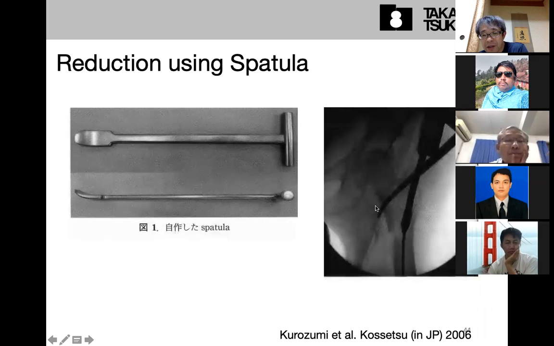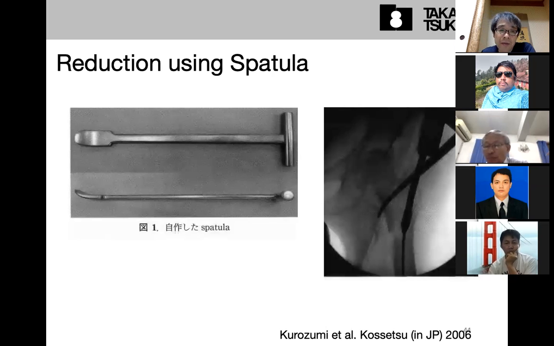This is very convenient when the medial edge of the fragment is displaced too medially. Of course, medial displacement is a relatively stable fracture type, but too much displacement can cause separation of the bone. Using this device, the medial edge of the bone can be pulled laterally to reduce the displacement.